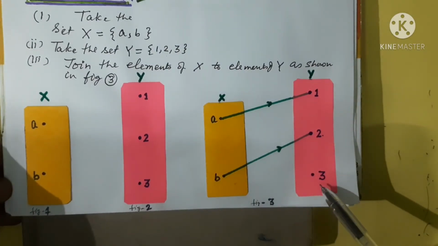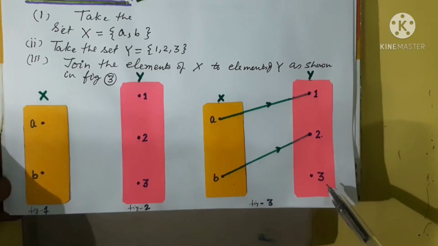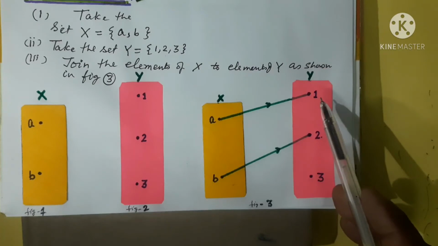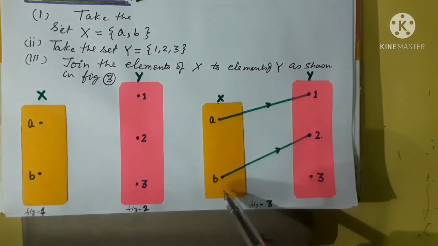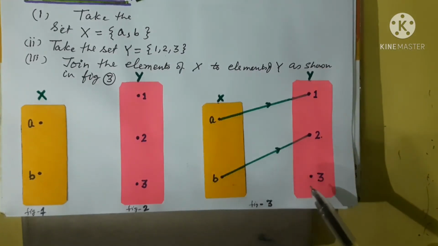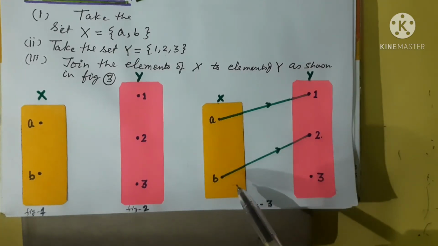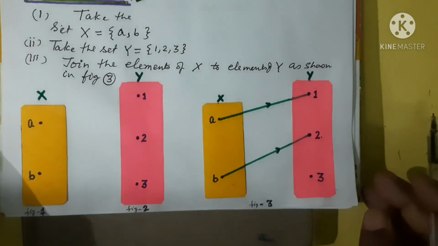And since element 3 of set Y has no pre-image in X, we can say that this is not an onto function. It means that this is a one-one but not onto function.